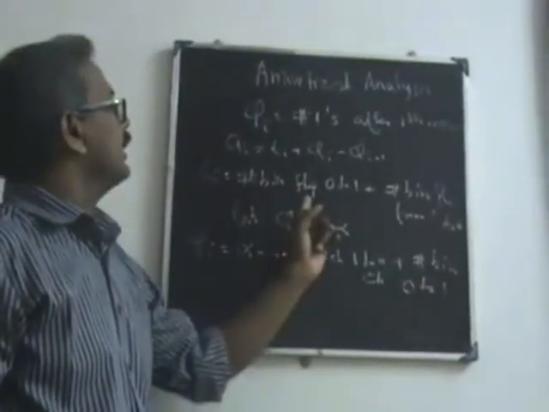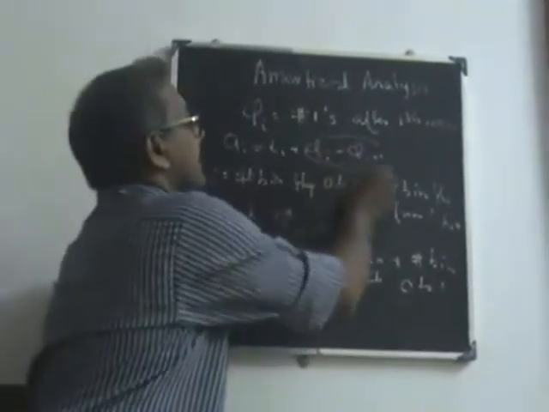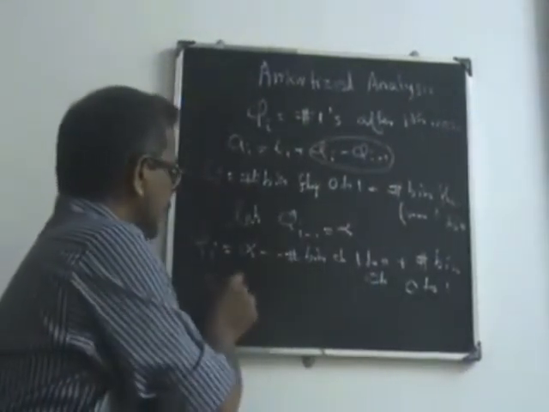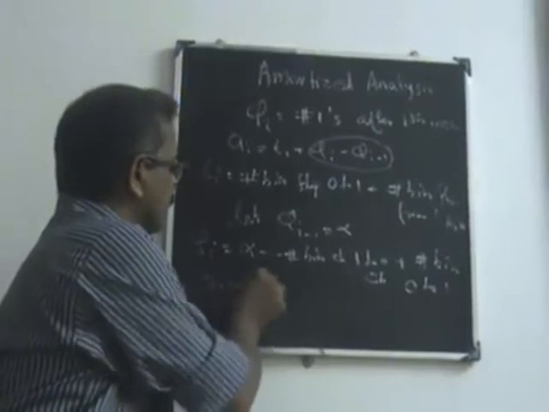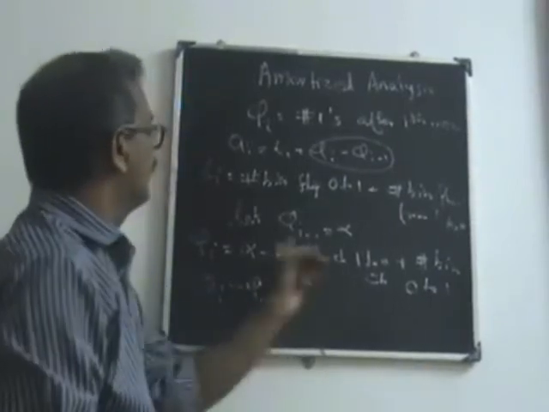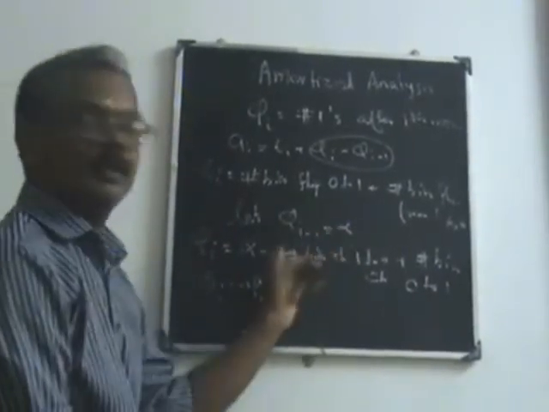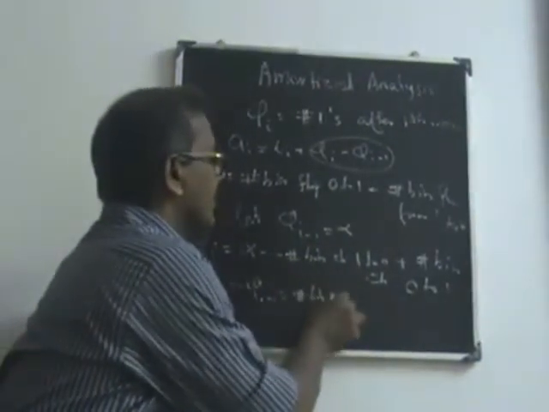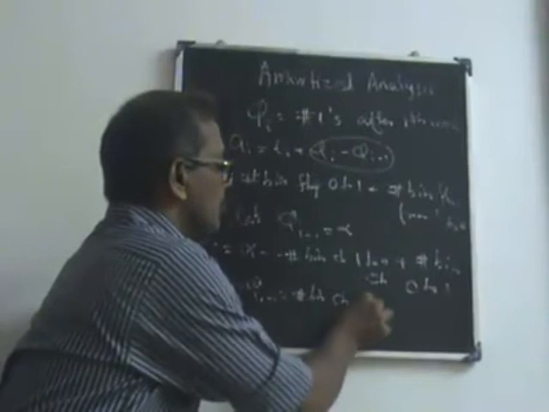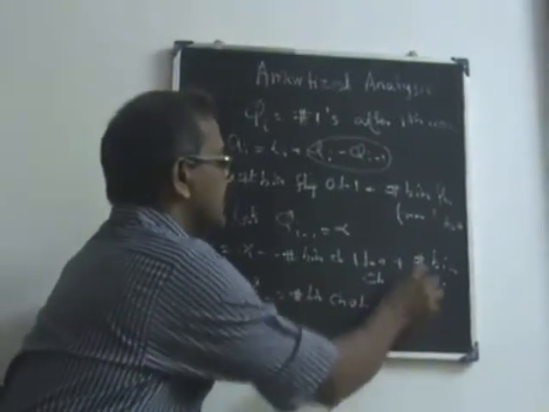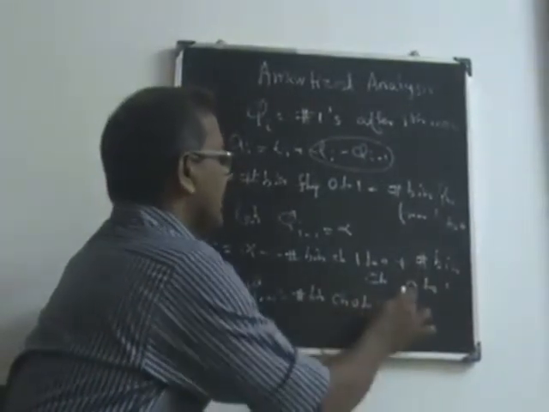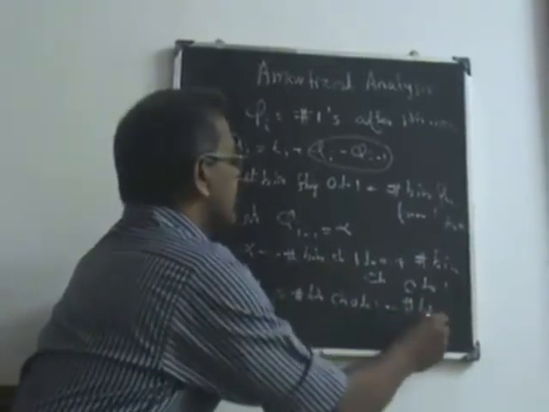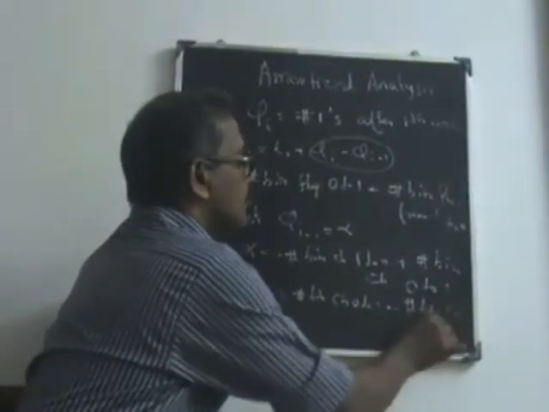Now when you take phi_i minus phi_(i-1), alpha goes off. So the remaining thing is the number of bits changed from 0 to 1 minus the number of bits changed from 1 to 0.